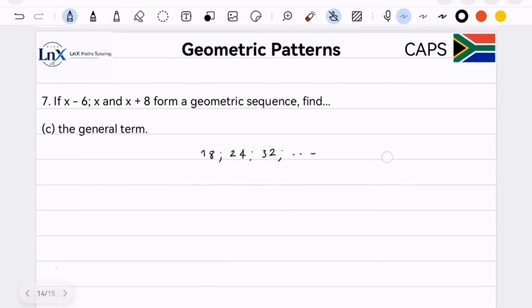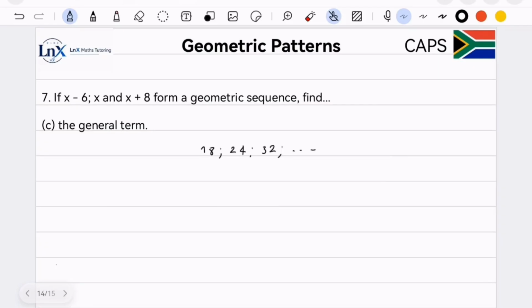And we also know our general term equation, right, which is going to be Tn equals A r to the n minus 1, right? And so now we know that A, which is our first term, is going to be 18. So now we need to find our common ratio, which is going to be T2 divided by T1, right? So our common ratio is 24 divided by 18. And we know the highest common factor here is 6.